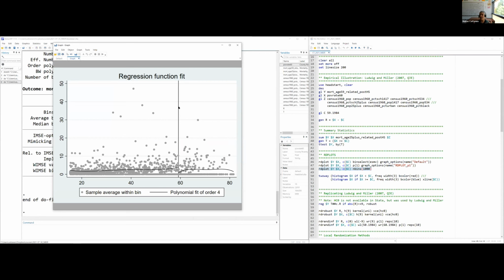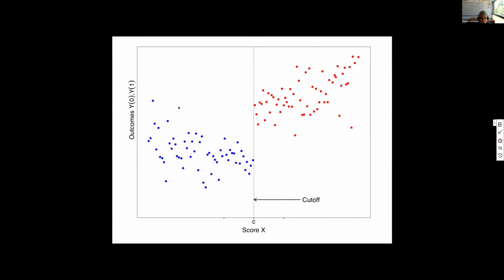If we put 1,000 bins on each side, essentially each bin will contain 1 or 2 observations, maybe even less. And so this is basically a scatter plot. Now you can see that there is no clean separation as you would have hoped to see in my stylized example. Nonetheless, the question remains: is there a treatment effect, formally speaking, that we can estimate and later attach uncertainty to?